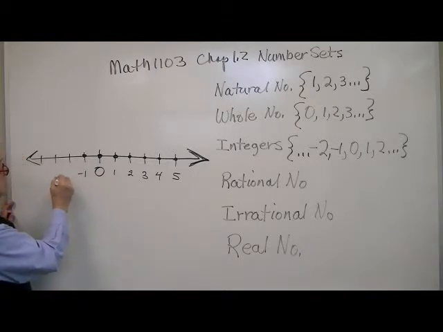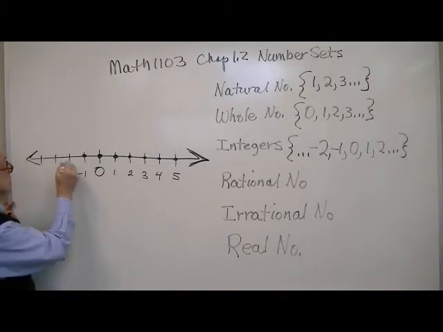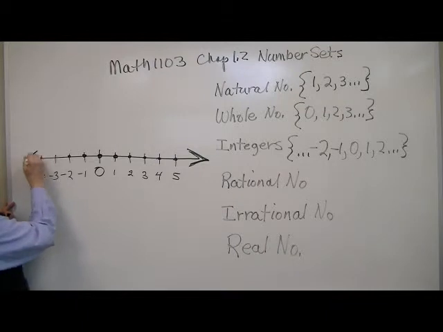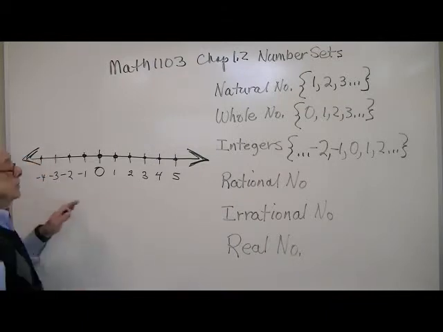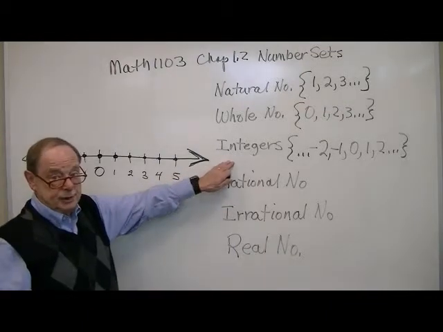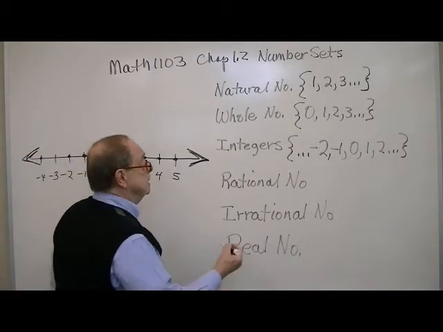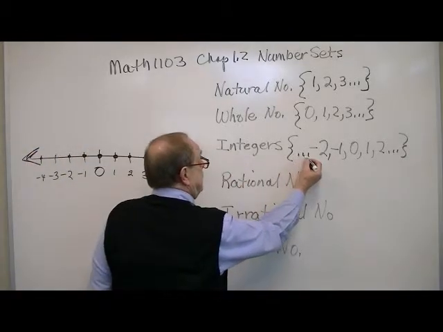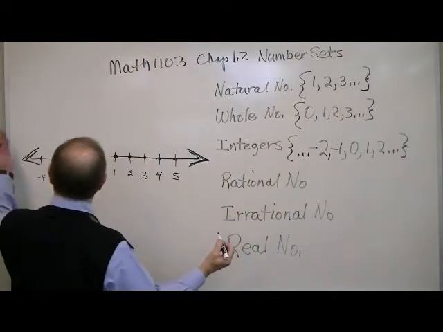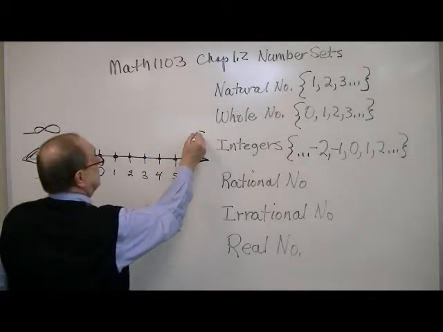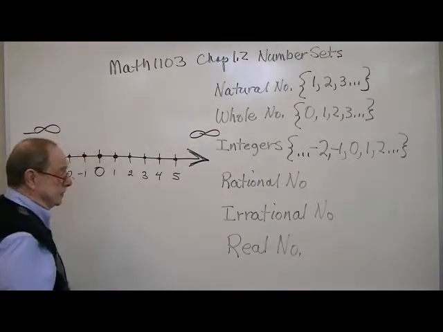So this gives rise to our next set of numbers, which are the integers. And we write the set by using a dot, dot, dot, indicating it's coming from, what's over here, by the way, is negative infinity, and what's over here is positive infinity.